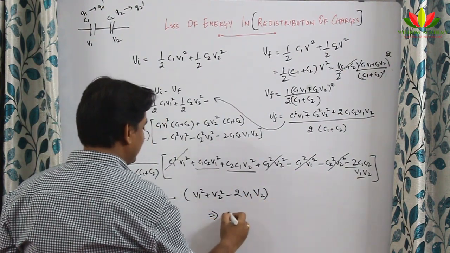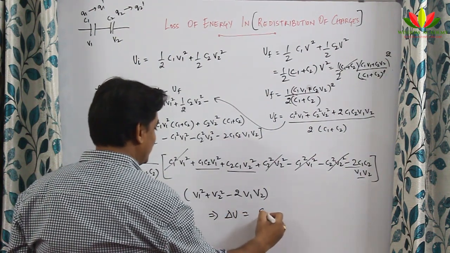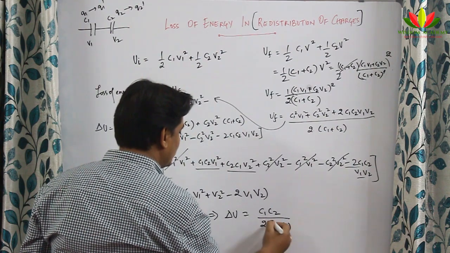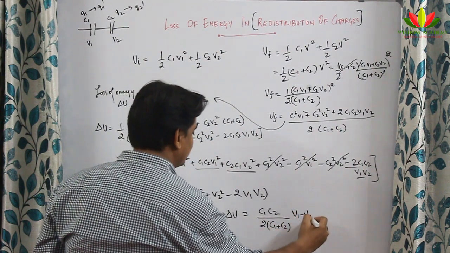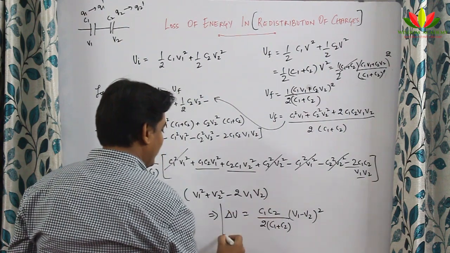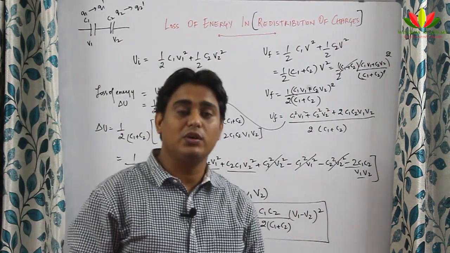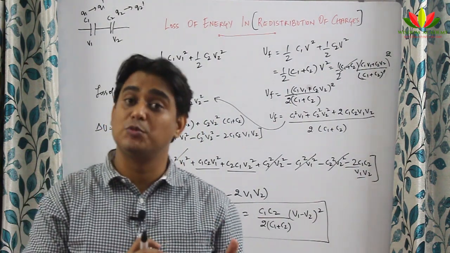So, I get finally that loss of energy is equal to C1 C2 by 2 C1 plus C2 into V1 minus V2 the whole square. Now, this is the equation for loss of energy stored in a capacitor when there is a redistribution of charges.